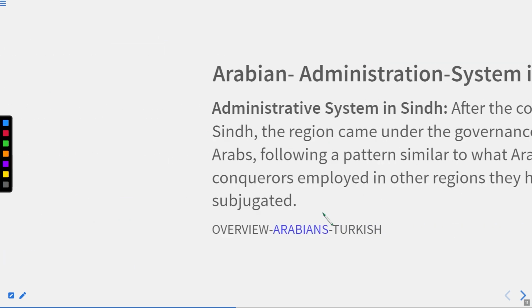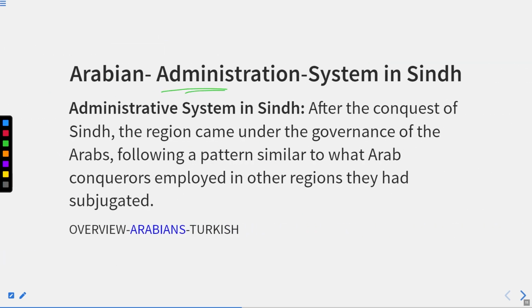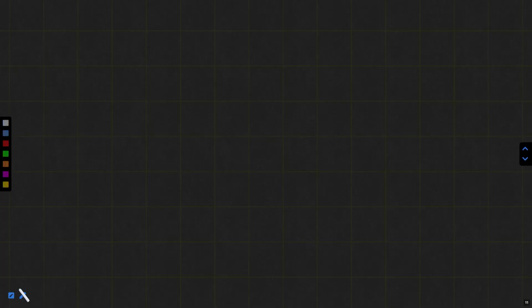Alright. Thereafter, administrative system in Sindh. After the conquest of Sindh, the region came under the governance of the Arabs, following a pattern similar to what Arab conquerors employed in other regions they had subjugated.